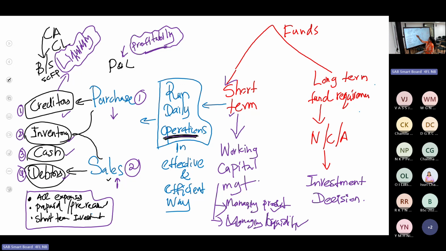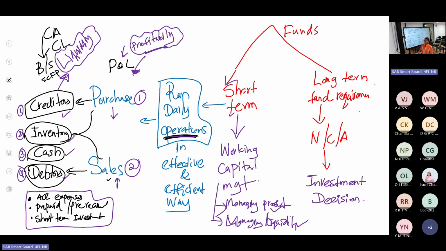In handling the daily operations, they are creating purchases, sales, debtors, creditors and all the things, right? So the items mentioned in the P&L are directly linked with profitability, and the items mentioned in the SOFP confirm the company's liquidity position. The items in the P&L confirm the position of the company in the form of profitability.